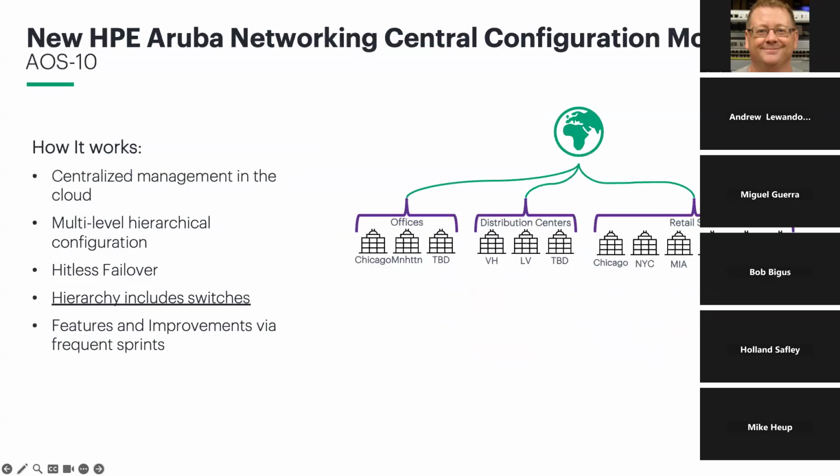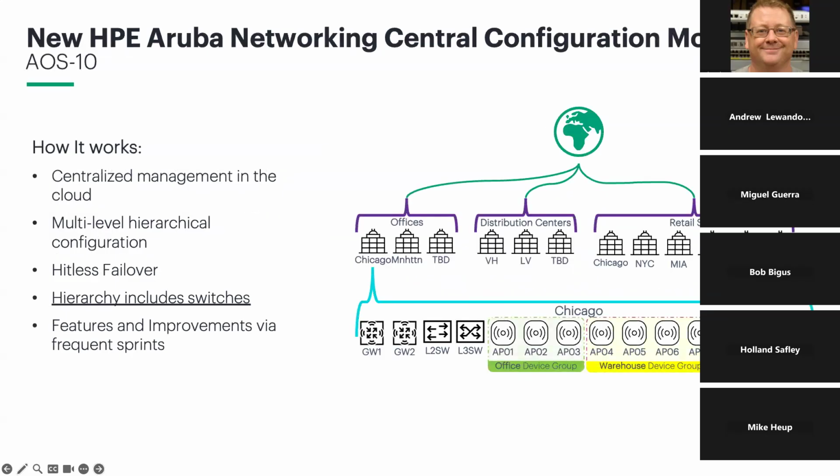Now let's look at how things have evolved in AOS 10 with HPE Aruba Networking Central. At first glance, you might think this example looks totally different. It did to me, but if you've worked with AOS 8, it's actually quite familiar. You'll see that we still have multi-level hierarchy, we still have centralized management and hitless failover.